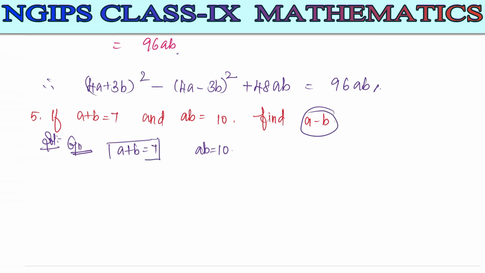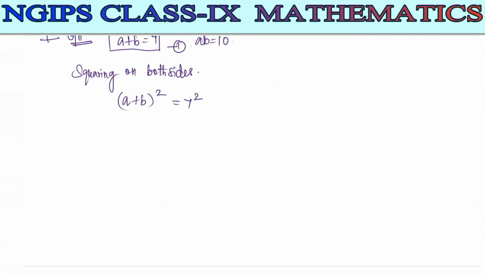This first condition, I am going to take a squaring on both sides. So when you take square on both sides, a plus b whole square is equal to 7 square. So I can write here a square plus b square plus 2ab is equal to 7 square.